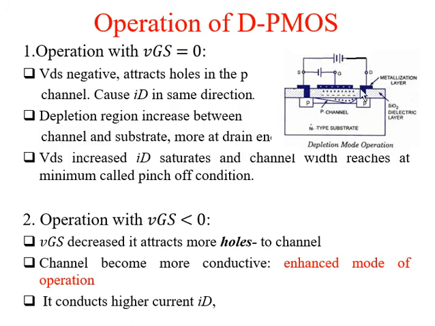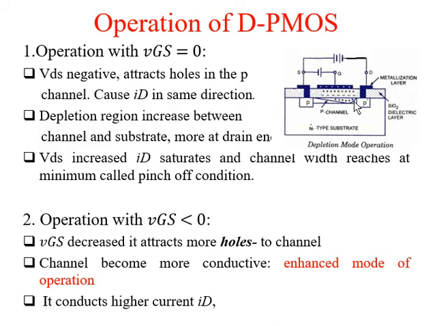In the case of D NMOS we need to apply a positive VDS, and in D PMOS we need to apply a negative VDS. If we apply a negative VDS, this negative voltage will attract holes from the source side to the drain side. Due to the movement of holes, the current will flow in the same direction.